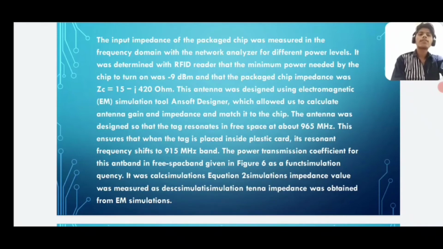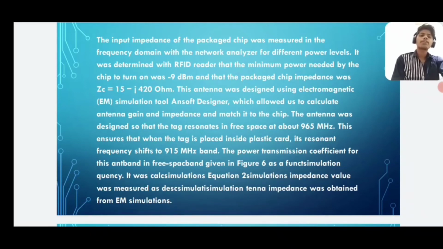This antenna was designed using the electromagnetic simulation tool Ansoft Designer, which allowed us to calculate antenna gain and impedance and match it to the chip. The antenna was designed so that the tag resonates in free space at about 965 MHz. This ensures that when the tag is placed inside the plastic card, its resonant frequency shifts to the 915 MHz band.